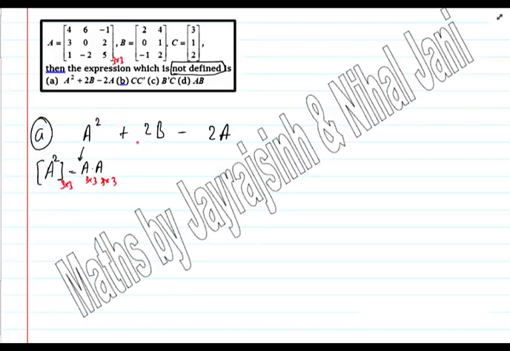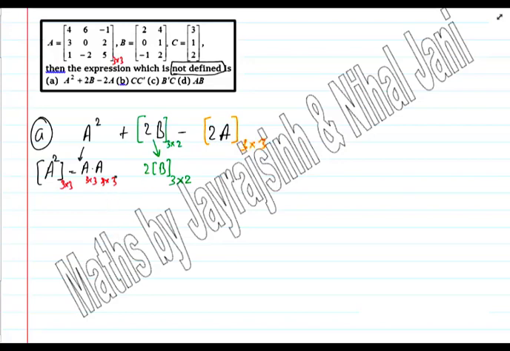So the order of the first term will be 3 cross 3. Now let's move to the second term, which is 2 into B. Basically B is of order 3 cross 2. So 2B will also have the order of 3 cross 2, right? And similarly the last term will be of order 3 cross 3.